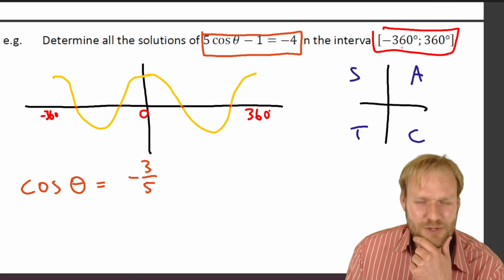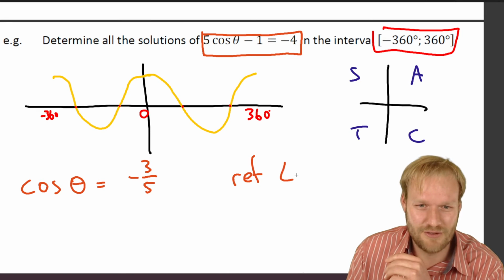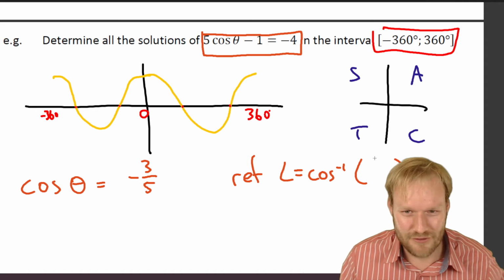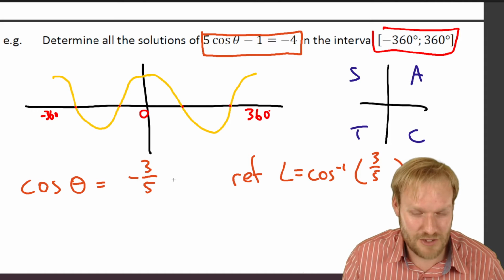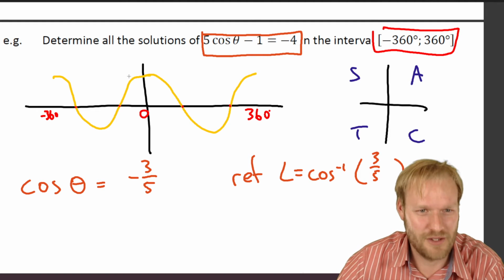Now, let's find what our reference angle is to start with. Reference angle, remember we're going to go for shift cos of 3 over 5, the positive. Now, I always say do the positive in cos.